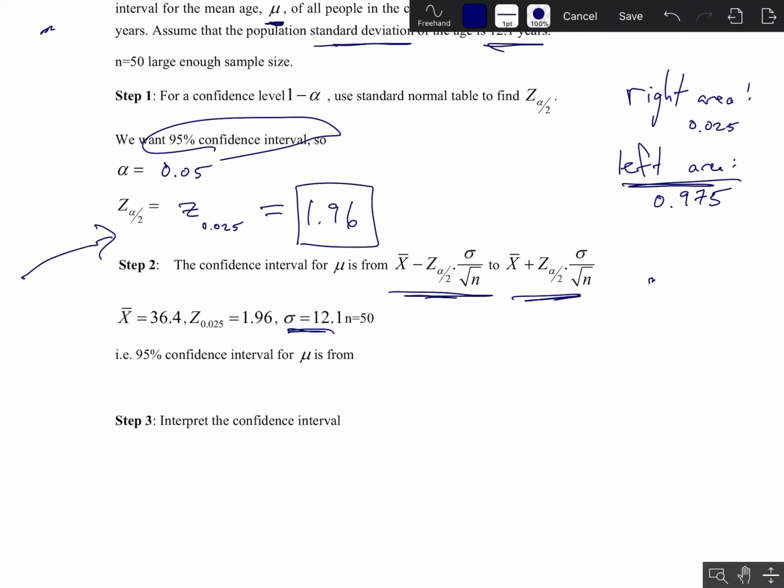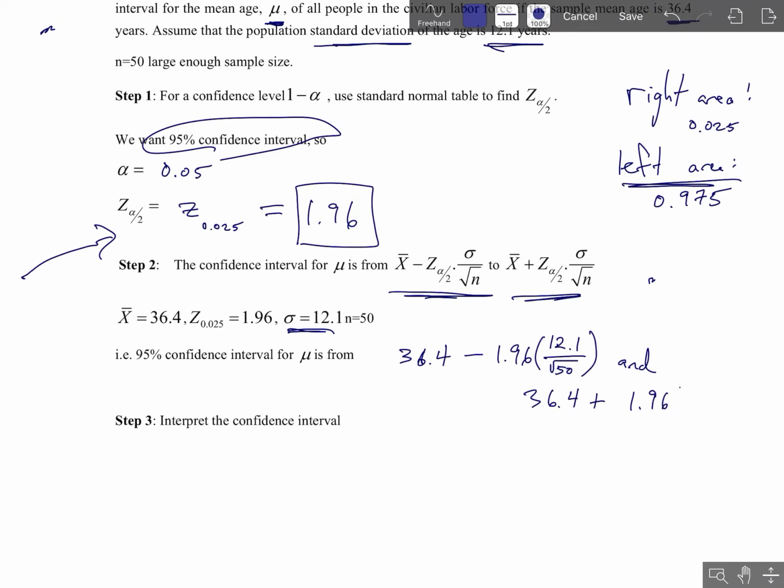So we can be 95% sure that mu lives between 36.4 minus that z-score times sigma over the square root of n, and 36.4 plus that z-score times sigma over the square root of n. So I'm just plugging in all of that information, but this is something that you could plug into a calculator.